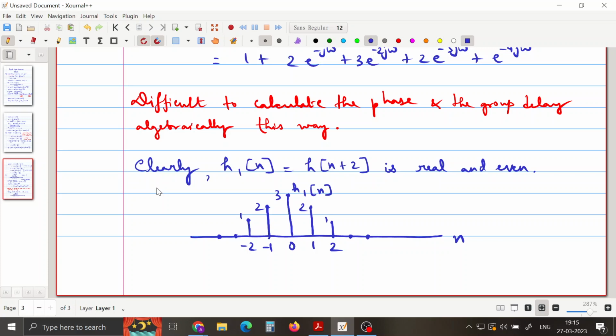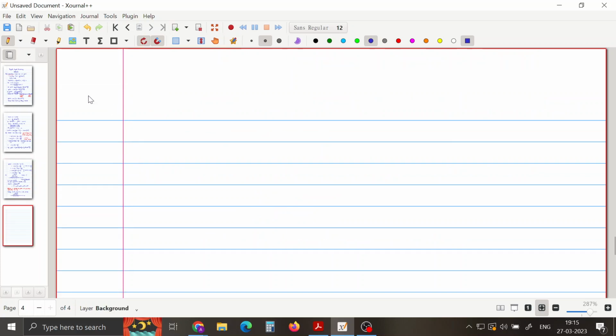So it turns out that if the time domain sequence is real and even, its Fourier transform is also real and even.